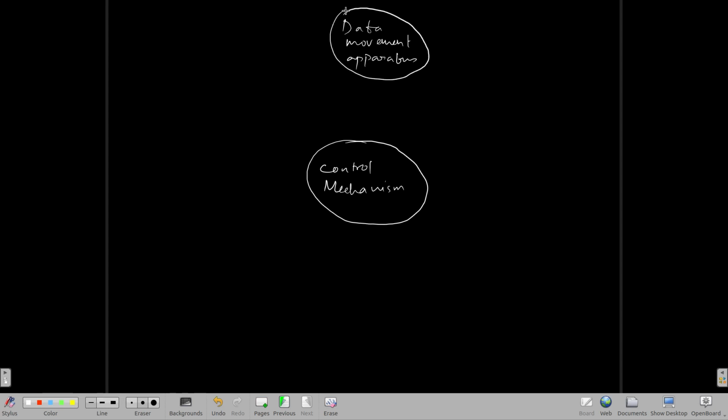Right. The data movement apparatus. Then we have the data storage facility. And after that we have the data processing facility.